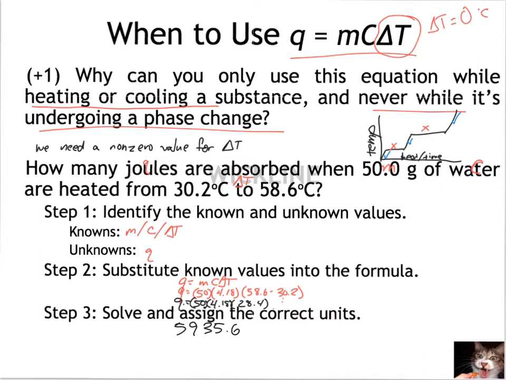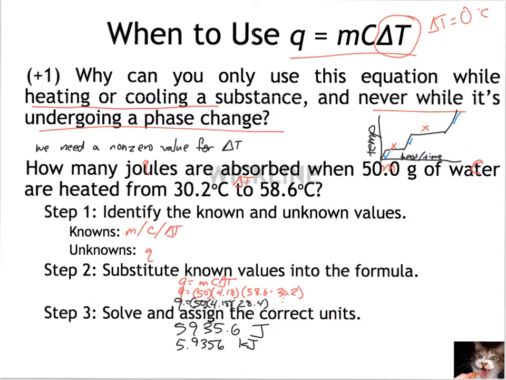Of course, I could use significant digits on this, but I'm not going to spend time on that in this lesson. But there are a couple things that we can do that are pretty helpful. One of them is to, instead of expressing this answer in joules, express it in kilojoules, in which case you would need to divide your answer by 1,000 or move the decimal 3 places to the left. So I would get 5.9356 kilojoules.